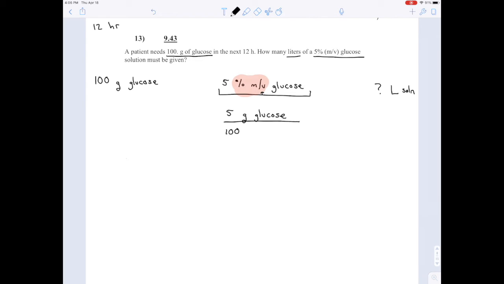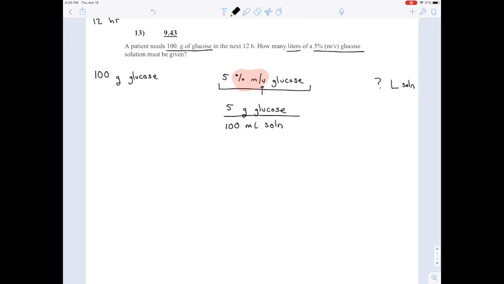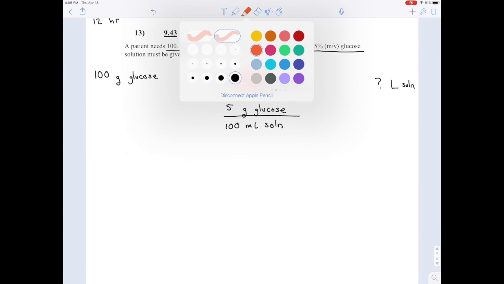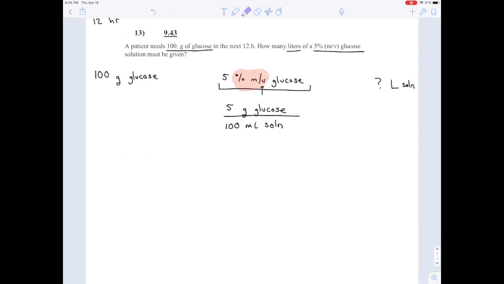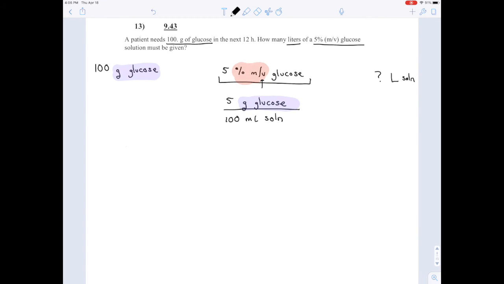Volume is on the bottom, so 100 milliliters of solution, SOLN, abbreviation for solution. Okay, after you break these down, you can often see a connection. So for example, here, we can see a connection between the grams of the glucose that we start with and grams of the glucose in this conversion factor.